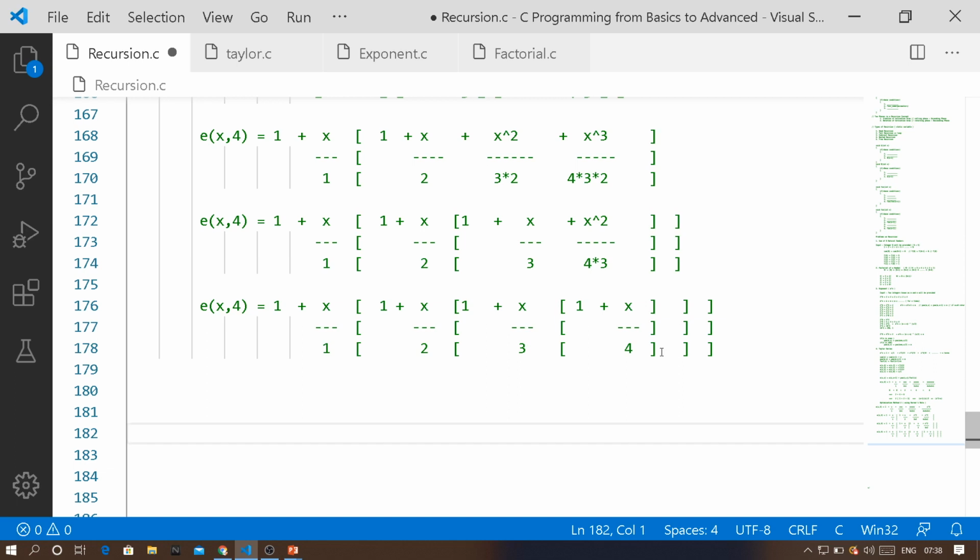How many multiplications are taking place? One multiplication here, a second multiplication, then a third multiplication, and that's final. Only 3 multiplications are taking place, no more.